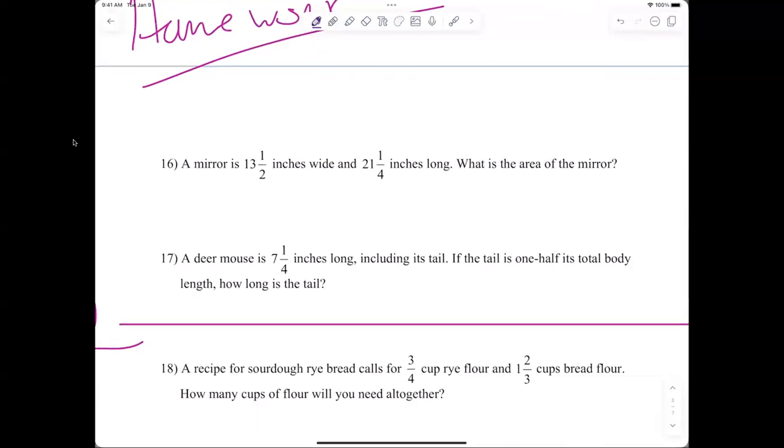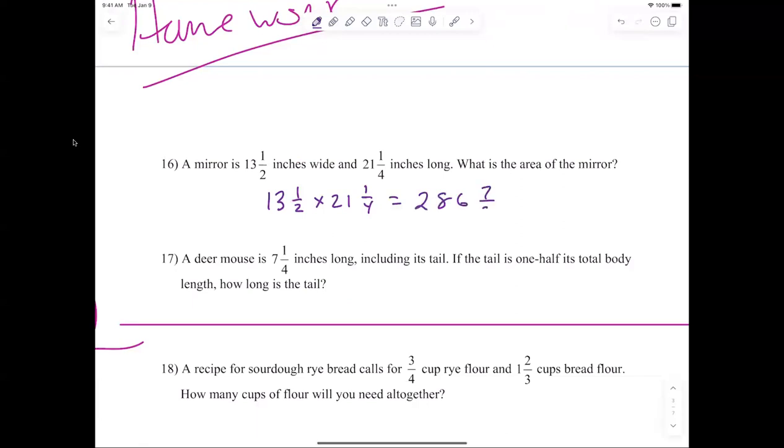You're gonna multiply. So take that on your calculator, 13 and 1/2 times 21 and 1/4, and tell me what you got there, kiddo. 286 and 7/8. Now, we're measuring area. So we're gonna say it's going to be inches squared or square inches. That's a good job. Thank you.